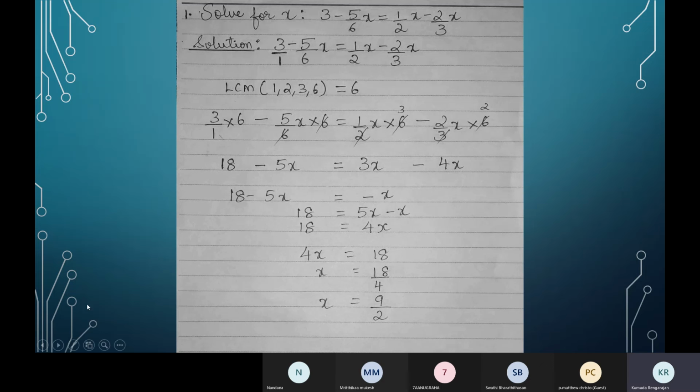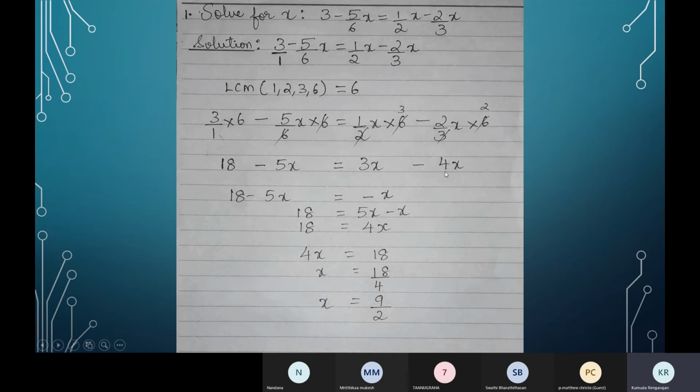And here on the other side, how to simplify 3x minus 4x. X as it is, when you're adding or subtracting like terms, you should only add or subtract their numerical coefficients. 3 and minus 4 here. This is plus 3.